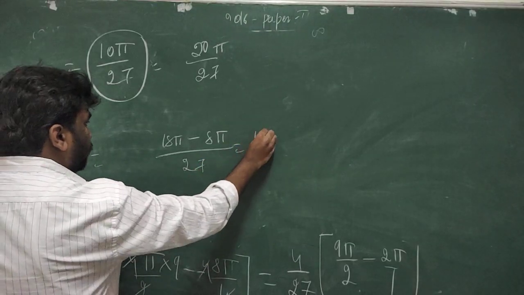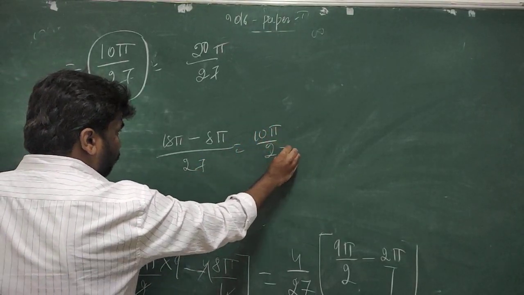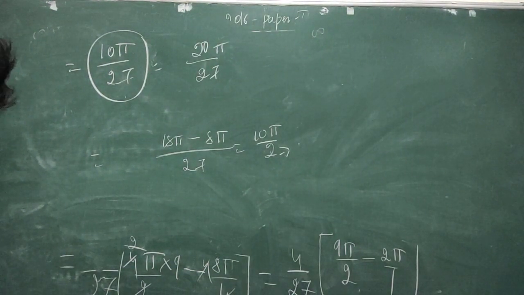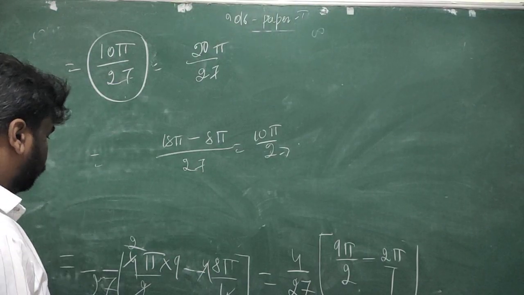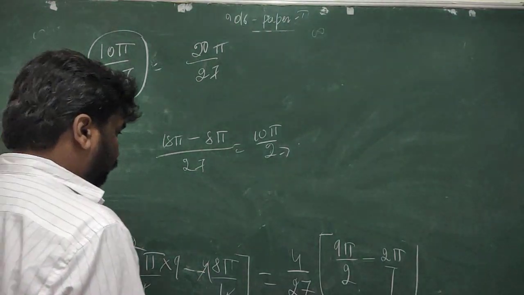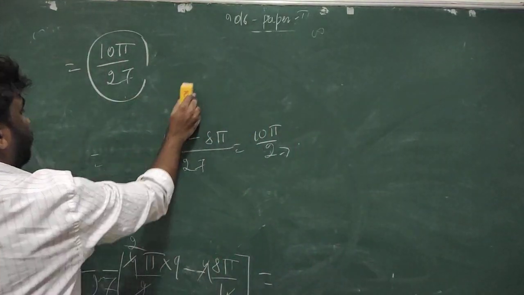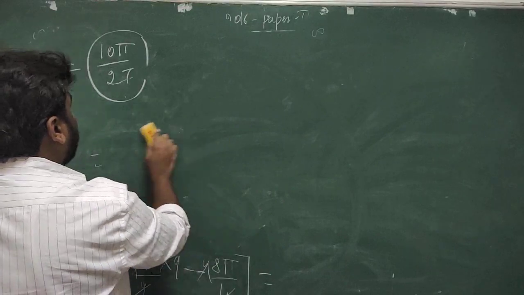So which is equal to 10 pi divided by 27. Okay, correct. Sorry, 10 pi divided by 27 is the correct answer.